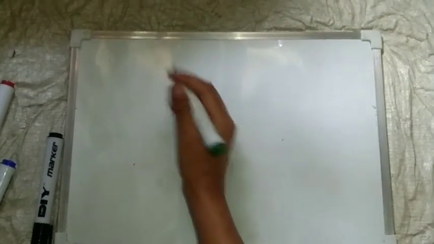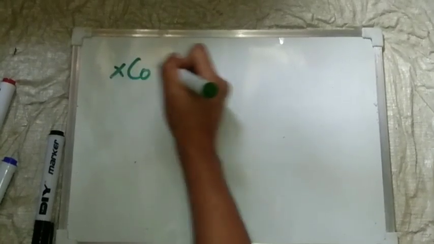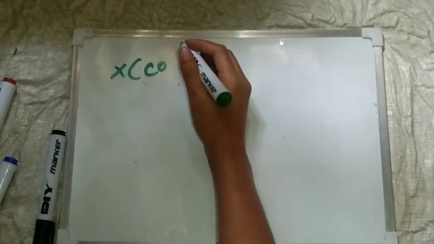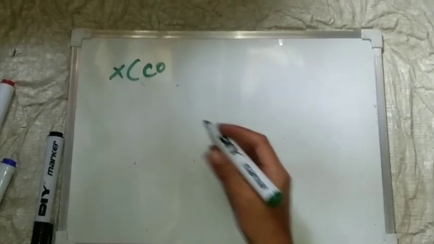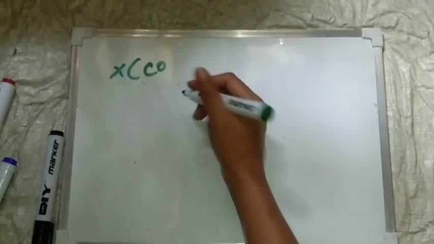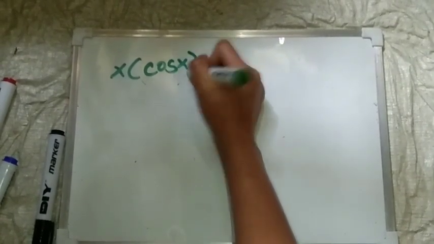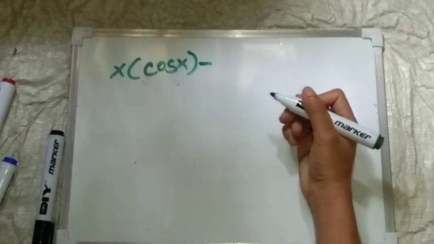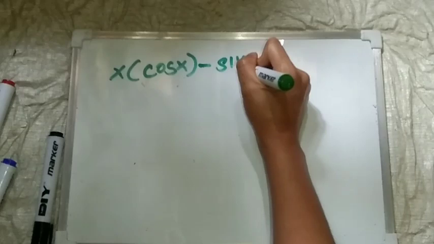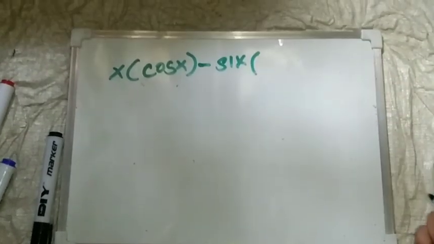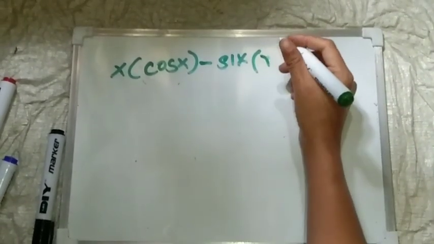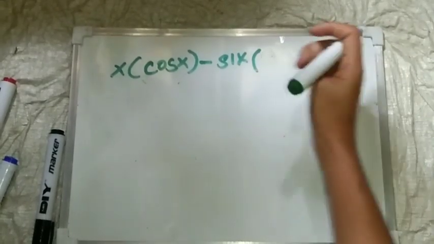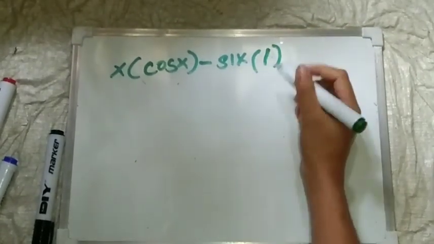So now here x, the derivative of sine x is cosine x, and then minus our f, which is sine x, times our g's derivative, and the derivative of x is 1, so you have here 1.